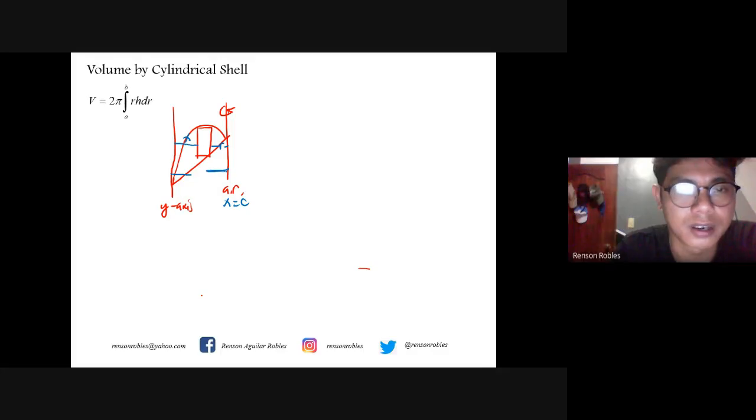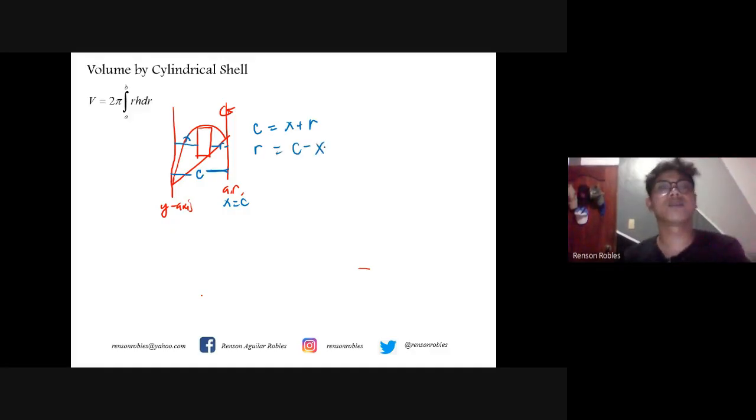It's c. So c is equal to x plus r. Therefore, r equals c minus x. That's it. When the axis of revolution is no longer the y-axis and is found on the right side of the element and the y-axis, r equals c minus x.